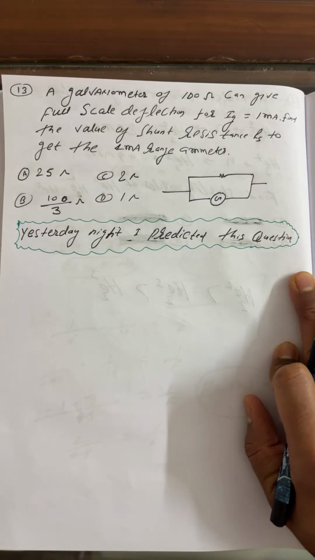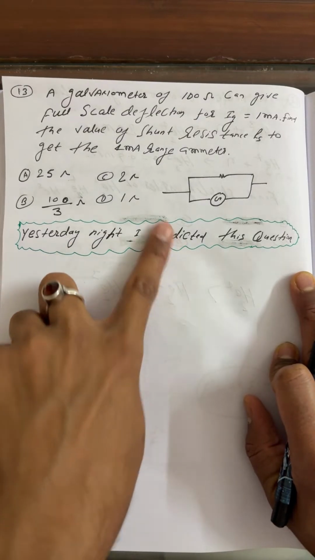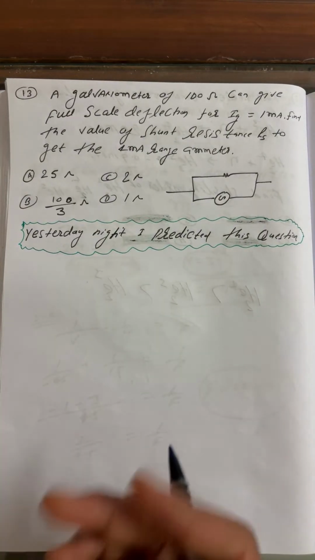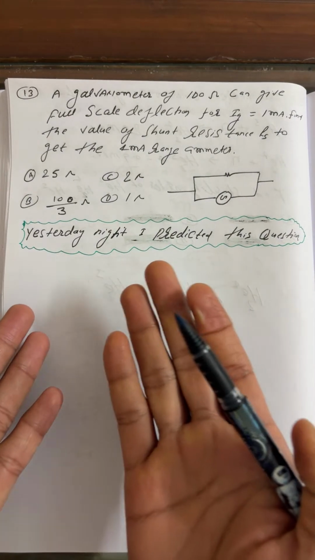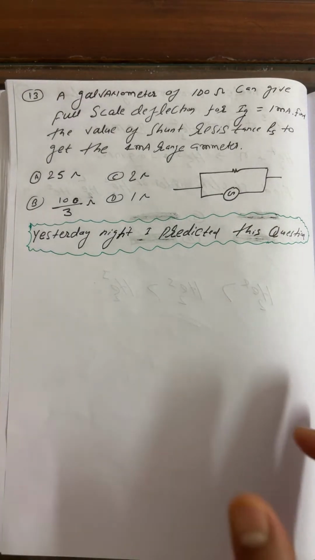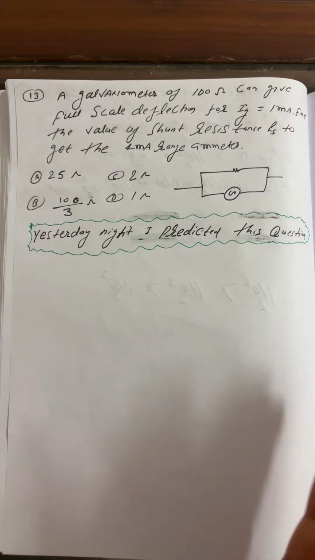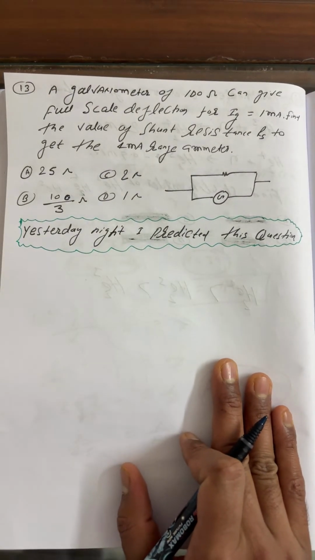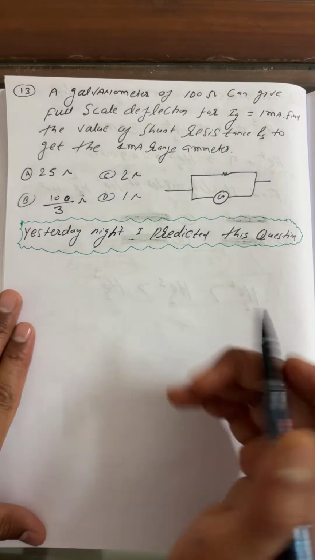Yesterday night, the 23rd, second shift, while I was solving, I said this was about this question. Someone asked, sir, what do I have to do for second shift? And unfortunately, students, this question came in the second shift only. Because sir, physics prediction is always fruitful only. So students, what is the thing here?